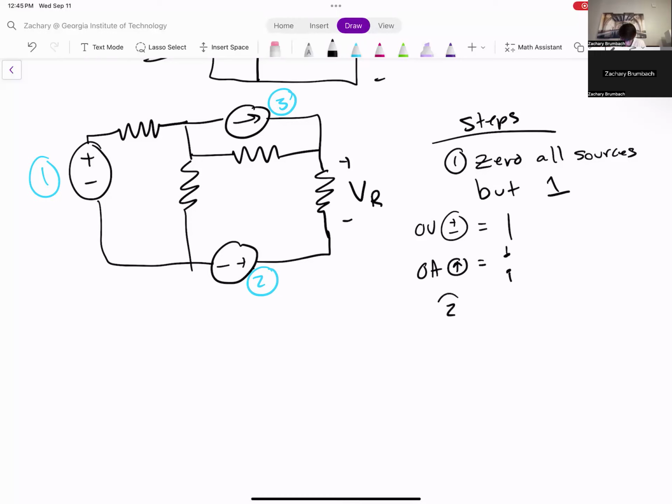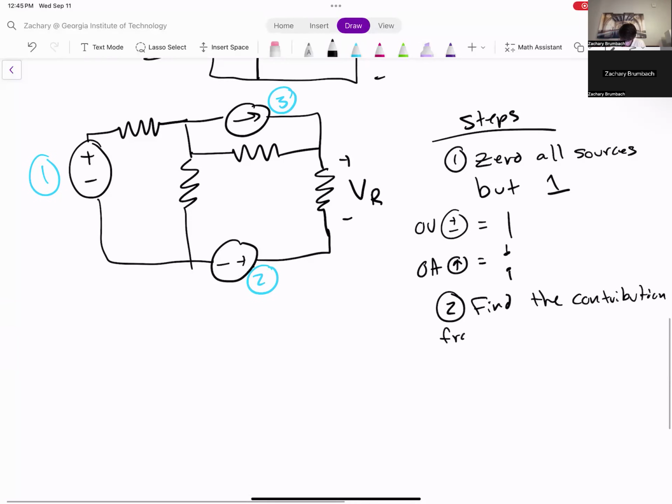Step 2 is you find the contribution from that source. Step 3 is then we repeat for each source.